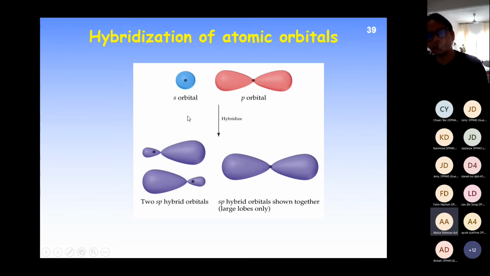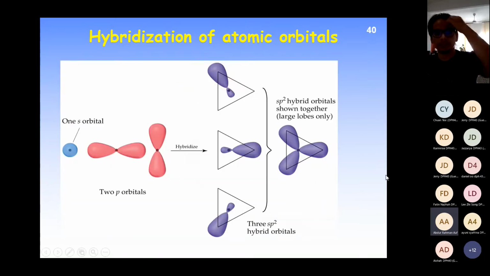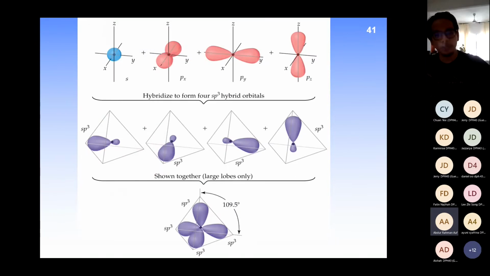So kalau kita ada S dan P orbital hybrid with one another, this is what they look like. Two sp hybrid orbitals. So this is one s orbital hybrid with two p orbitals. Explain macam video tadi lah. Okay, dia tunjuk. Well, if the hybridization is sp3, that means one s orbital hybrid with 3p orbitals.